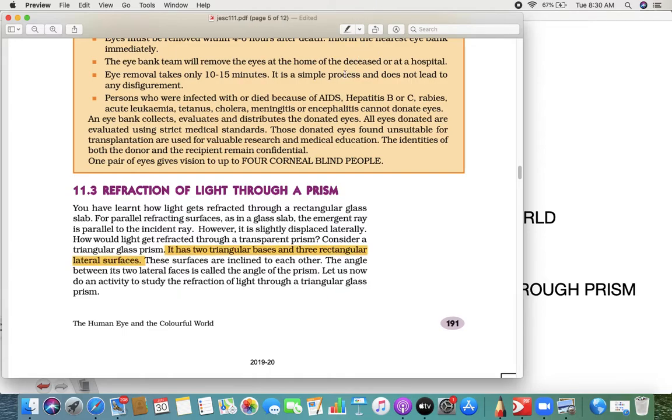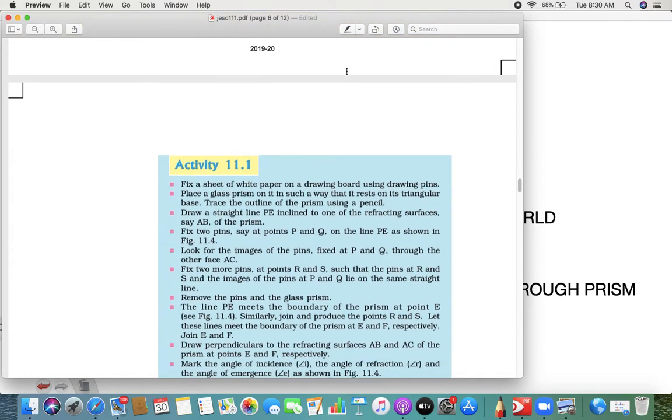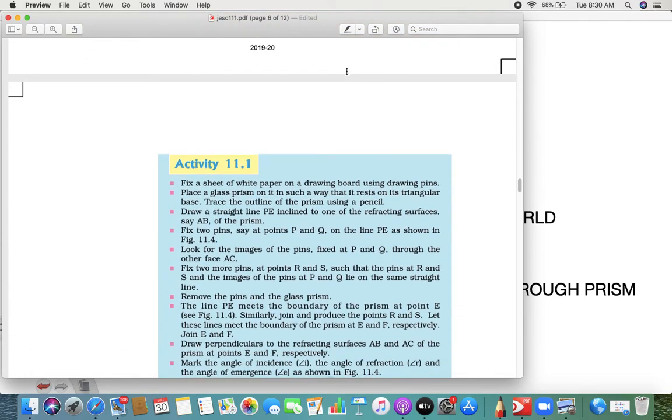Your prism has two triangular bases and three rectangular lateral surfaces. Then this is activity 11.1. We are doing activities here, and you should also do all the activities of the chapter, because normally they ask questions from activities also.